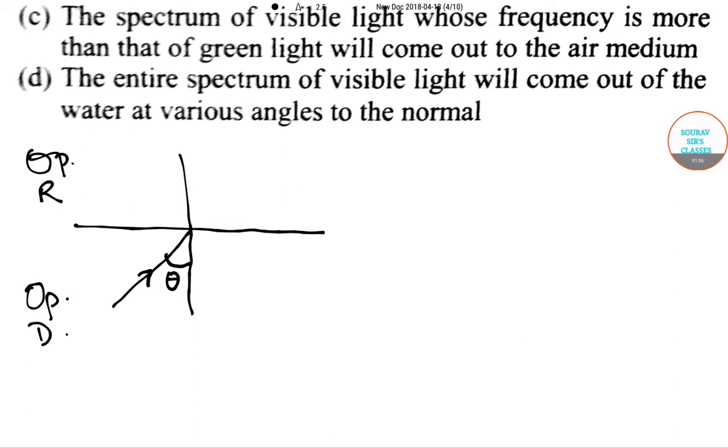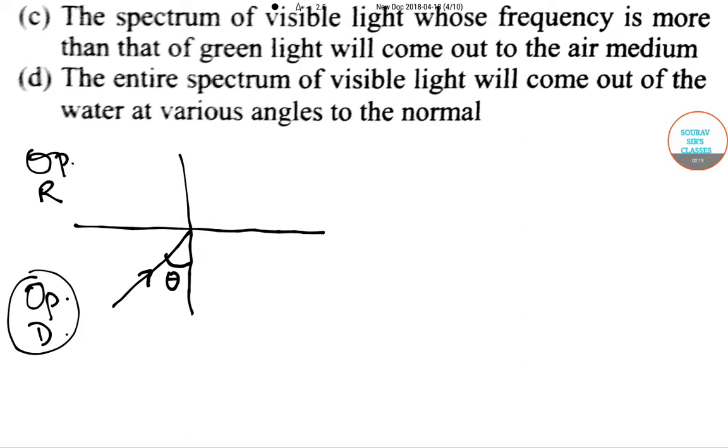So in order to achieve total internal reflection, the first condition is the ray must travel from optically denser medium towards optically rarer medium. And number 2 is the angle of incidence, that is theta.